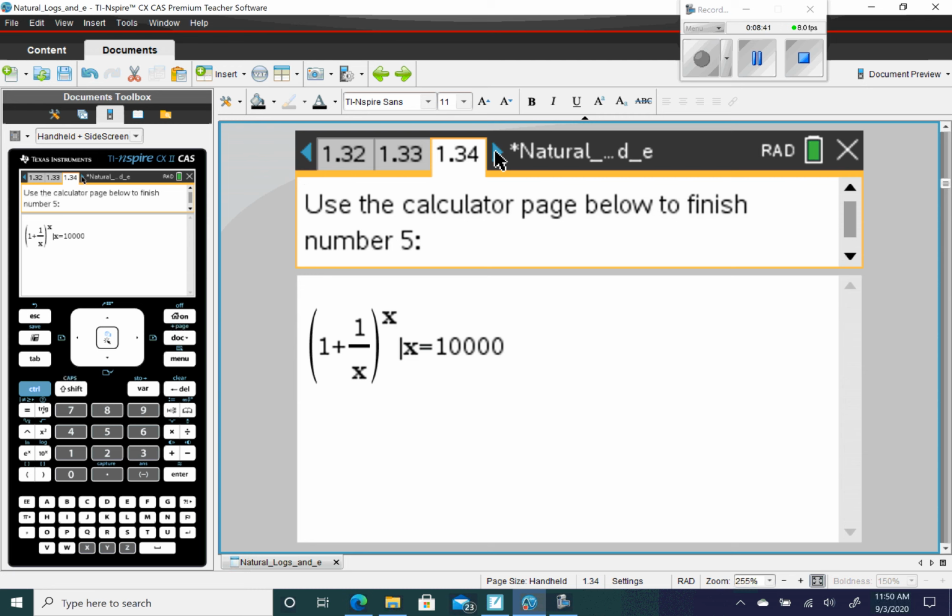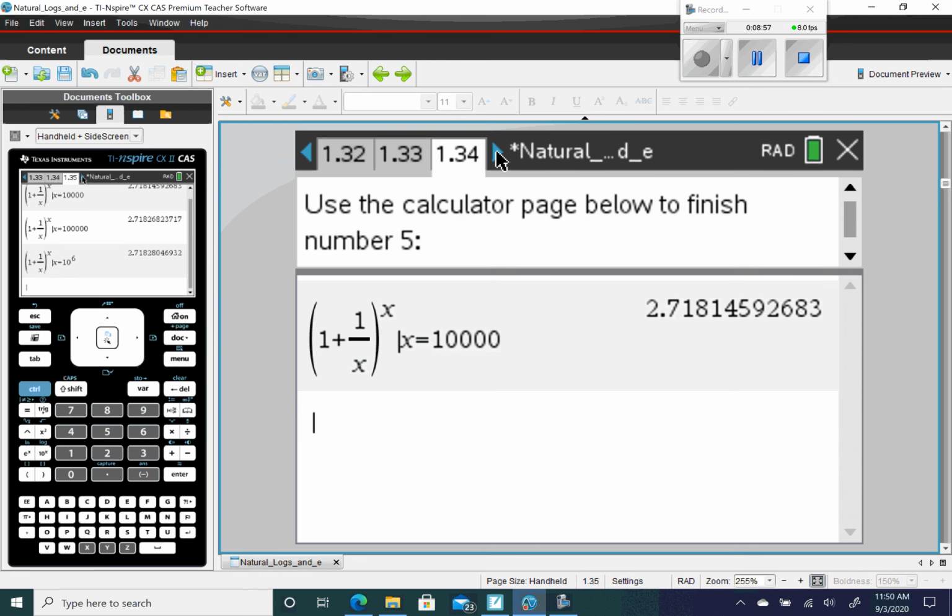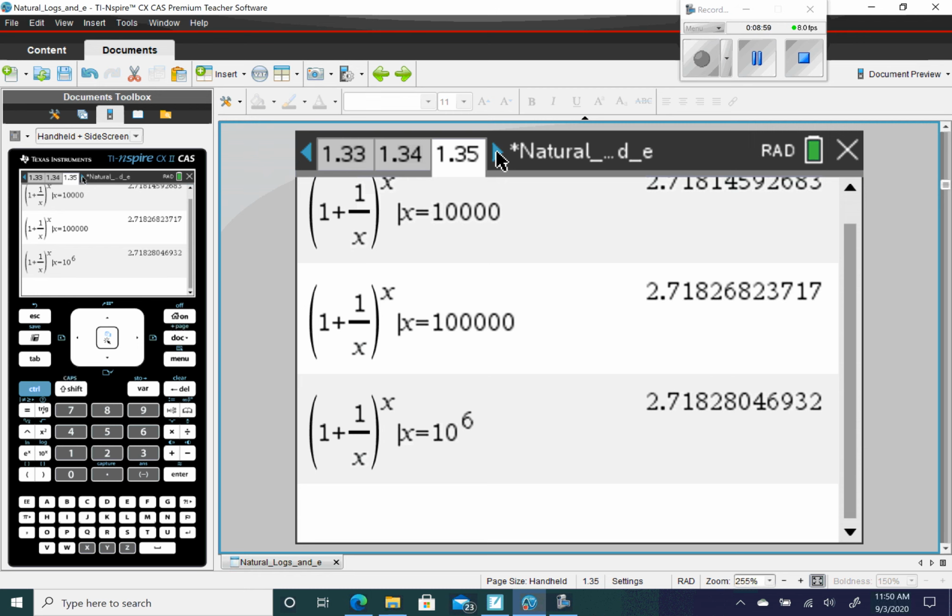All these pages are just showing the individual calculations, so this is what you should be typing in each time. Just giving us this approximation now. Here are the next two.